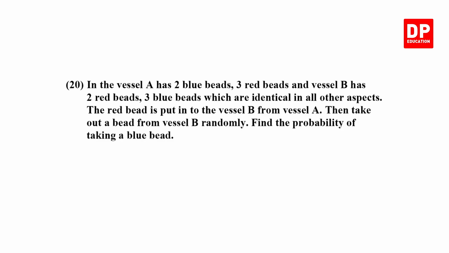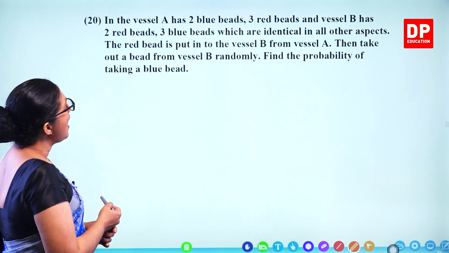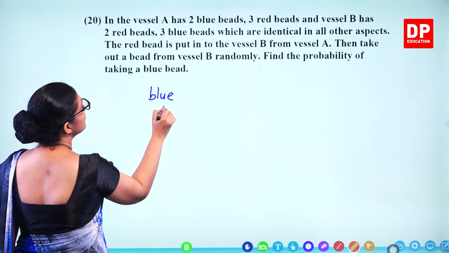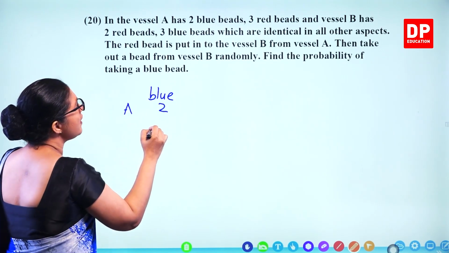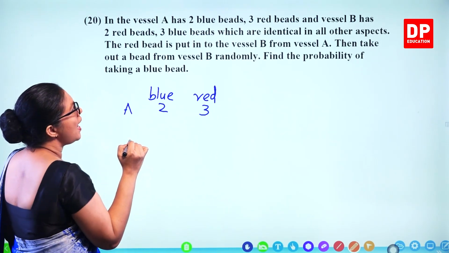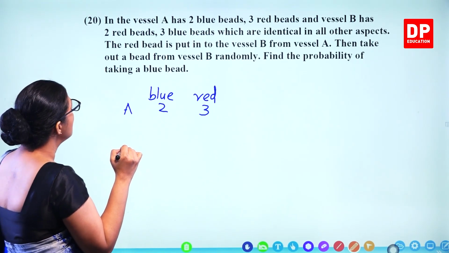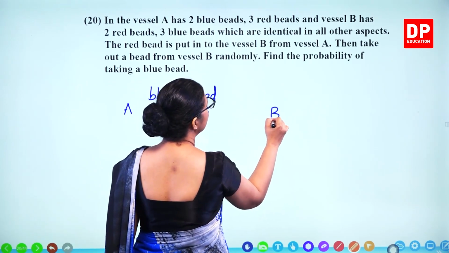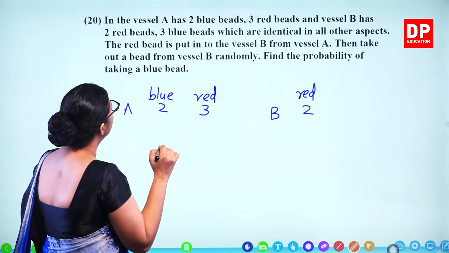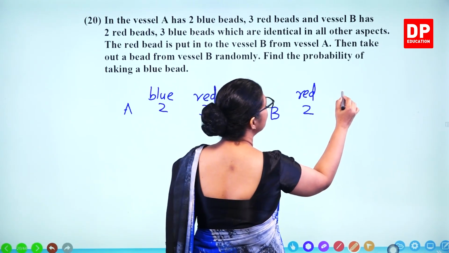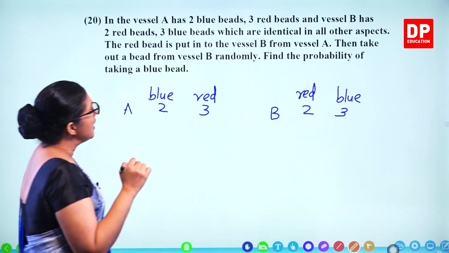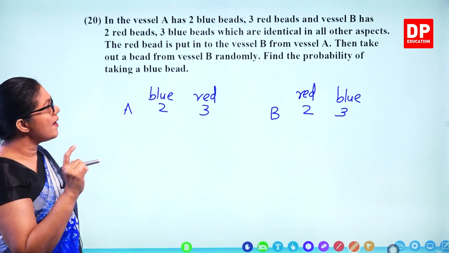Question number 20. Vessel A has 2 blue beads, 3 red beads, and vessel B has 2 red, 3 blue beads, which are identical in all other aspects.